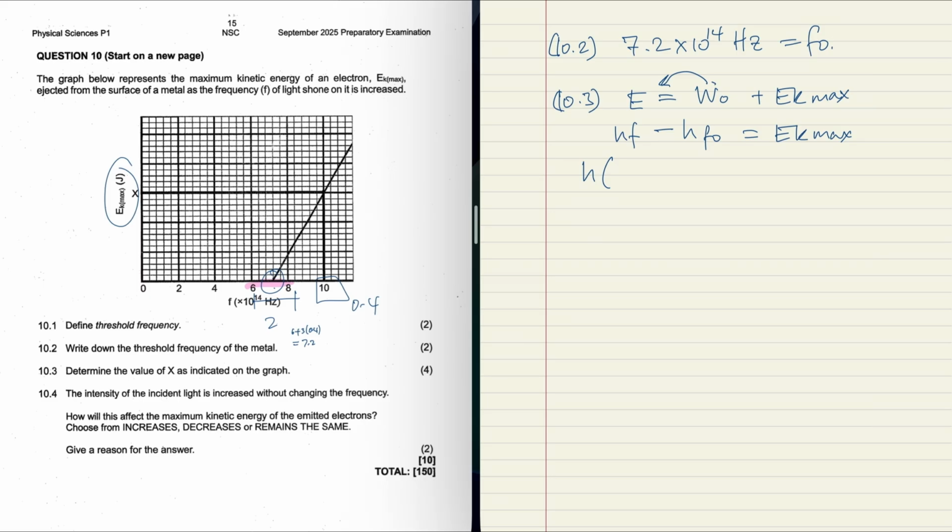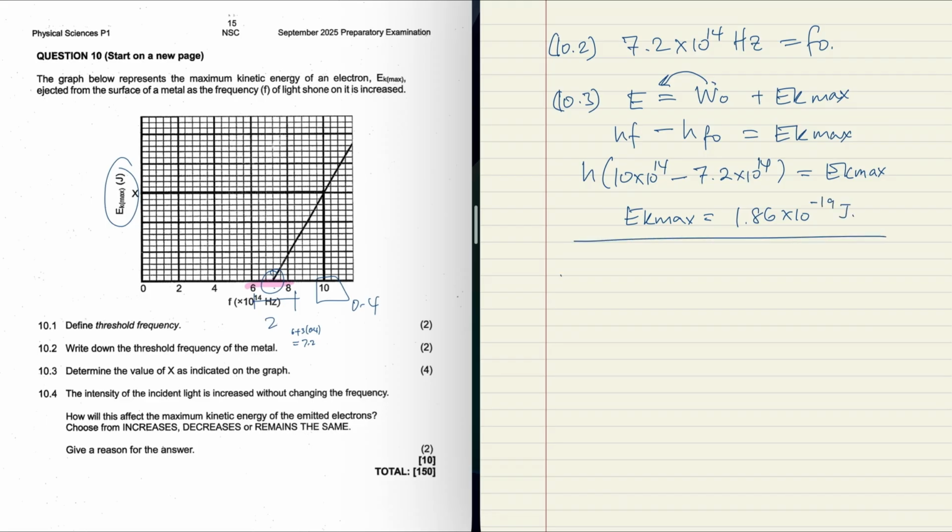So h into the frequency, 10 times 10 to the 14, minus the threshold frequency 7.2 times 10 to the 14, is equal to Ek max. Now all you have to do is substitute the h value in and solve for Ek max. Ek max is going to equal 1.86 times 10 to the negative 19 joules.